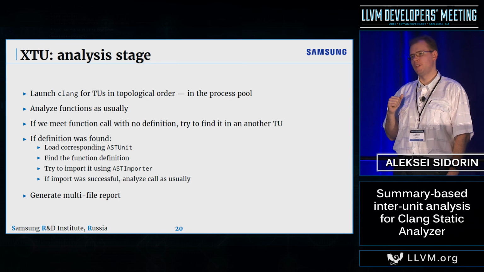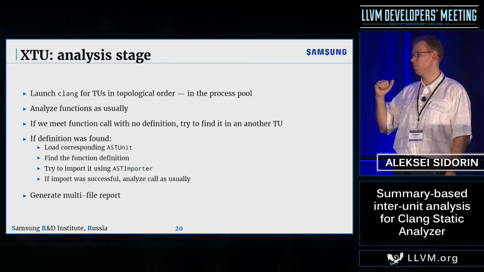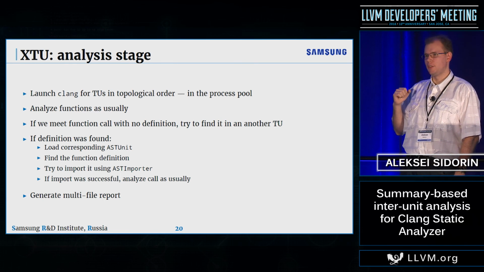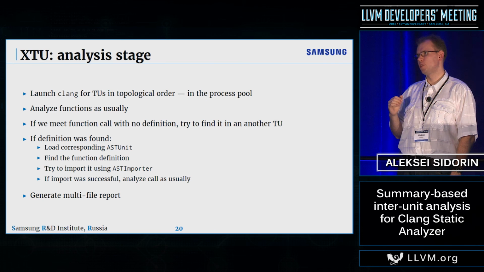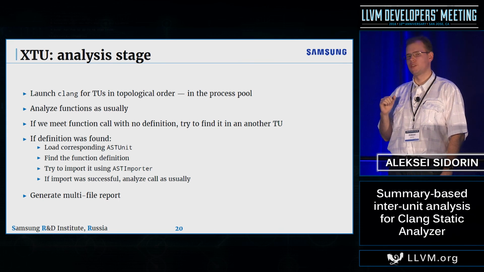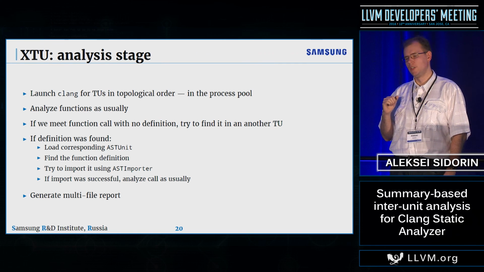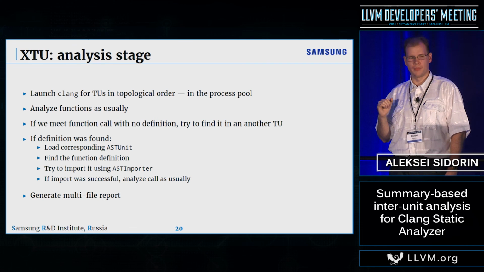In the analysis phase, we just launch Clang instances in topological order. The analysis is performed as usual, except one thing. When the analyzer meets a function whose definition is not available to it in this translation unit, it does a lookup.